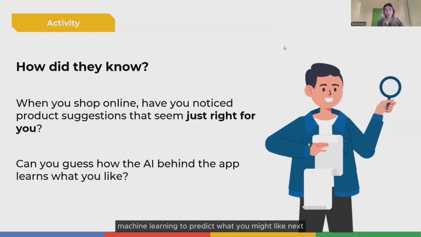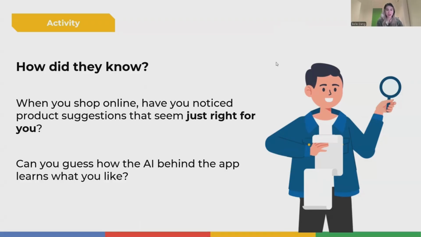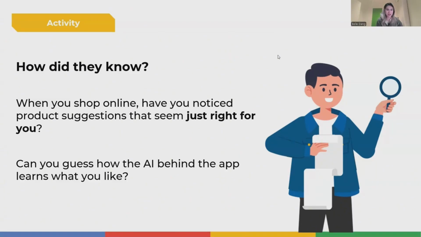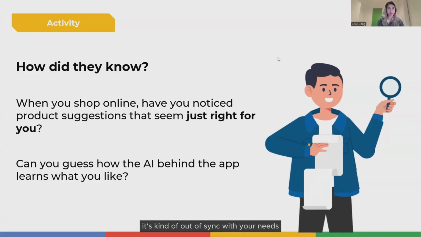Then it uses machine learning to predict what you might like next and recommends similar products. While these tailored suggestions can enhance your shopping experience, there are times when they might miss the mark also. Can you think of a moment when a recommendation was actually very on point, but also a time when you felt it was out of sync with your needs? Your observation can reveal much about the effectiveness of this system in real-world scenarios.